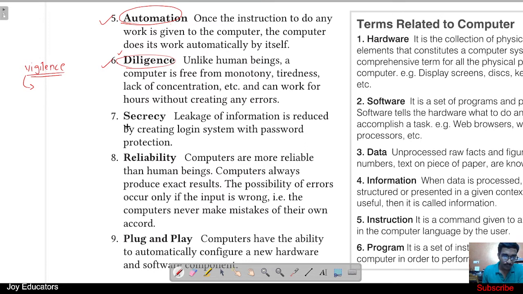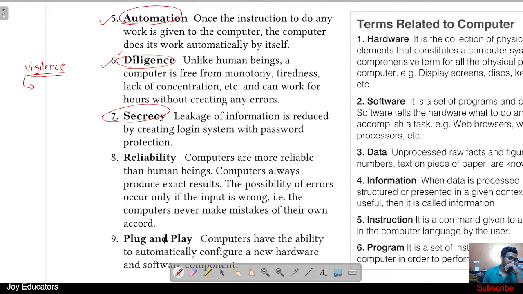Anyway, the seventh thing is secrecy. If I am using paper and pen, I'm writing everything. These documents could be photocopied or printed out and taken somewhere, or we can take a photo of them, right? But if you're using data in a computer, we can use password protection, so people cannot directly see it.